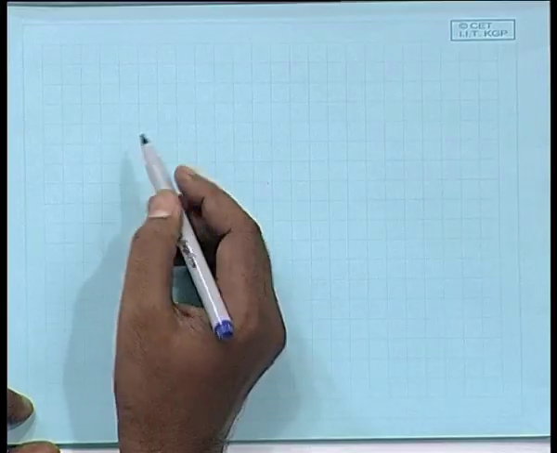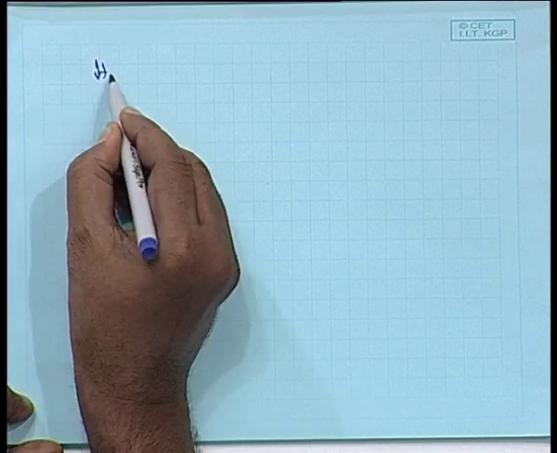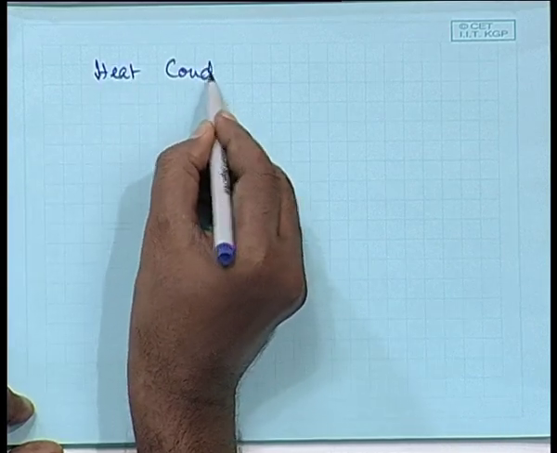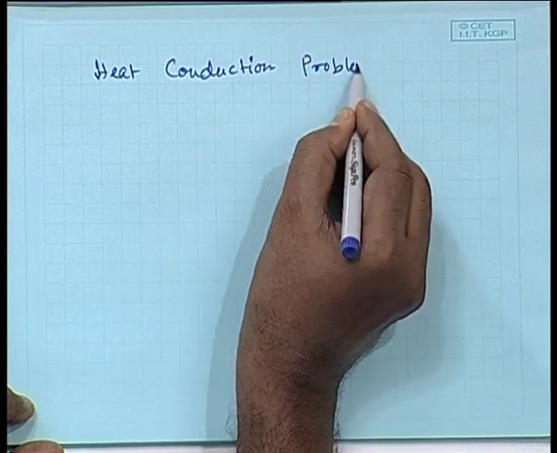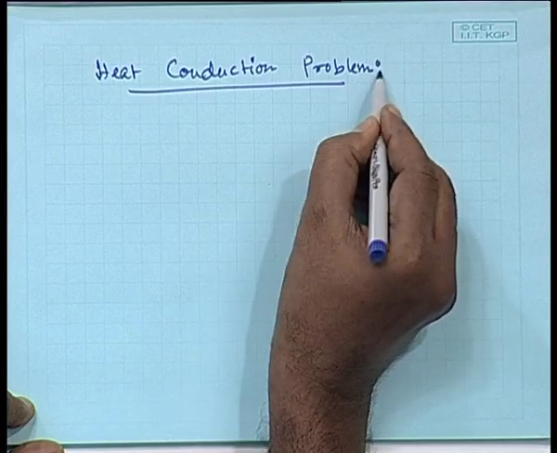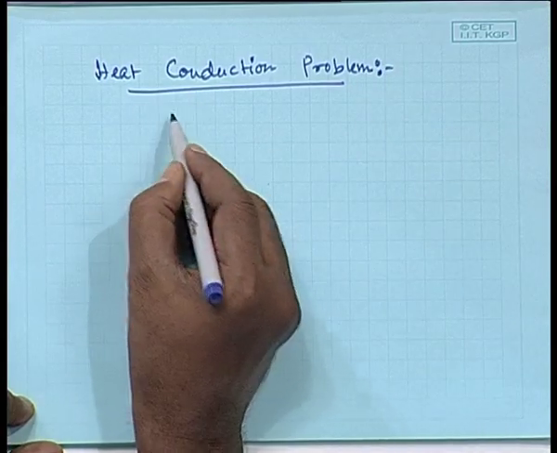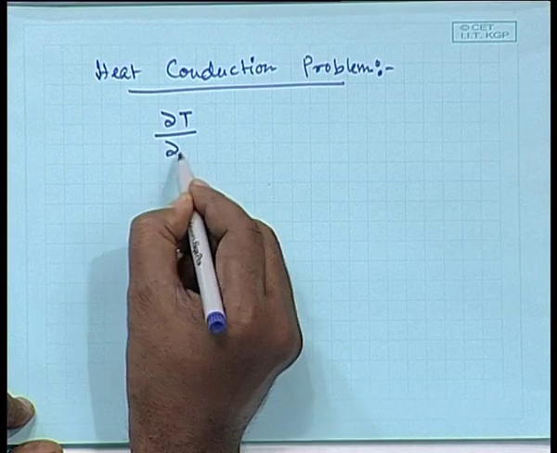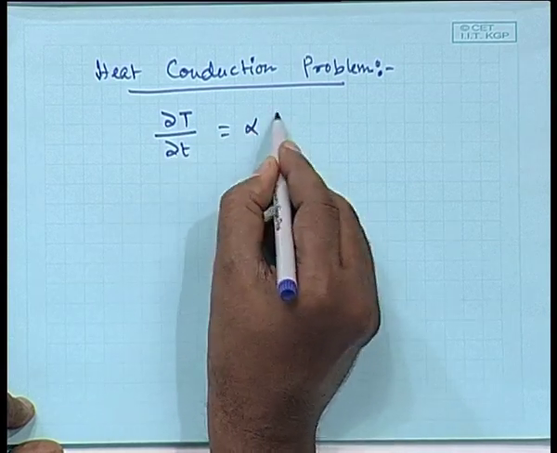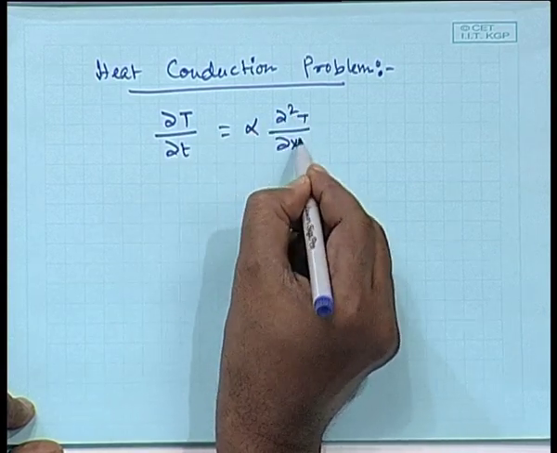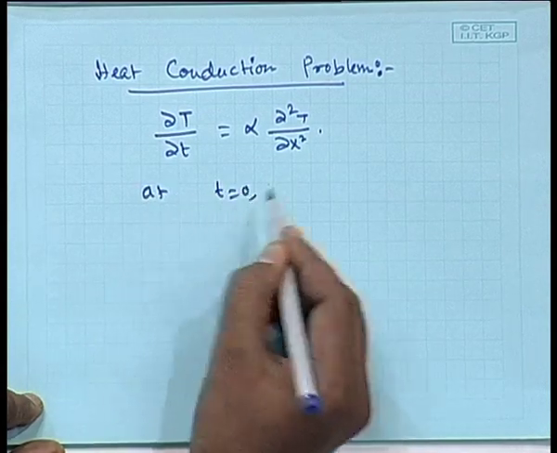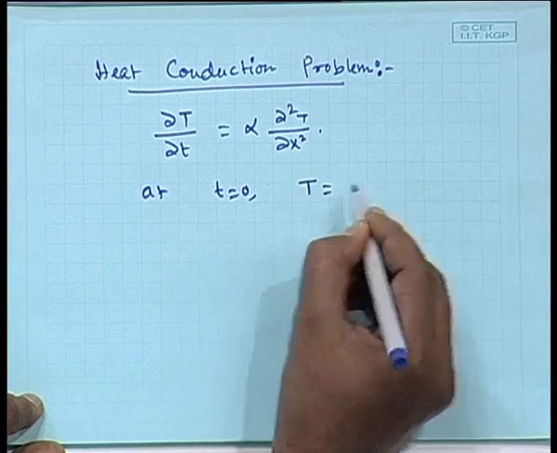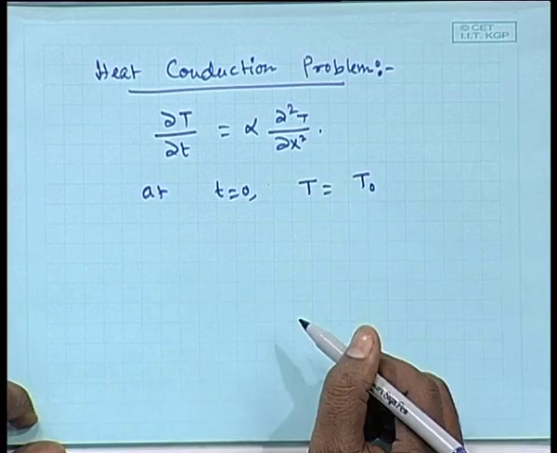Now, we will look into a complete heat conduction problem. I will do it shortly. Okay. So, let us say you have the equation as del T del t is alpha del square T del x square. Now, at time t equal to 0, you have some initial temperature T naught.